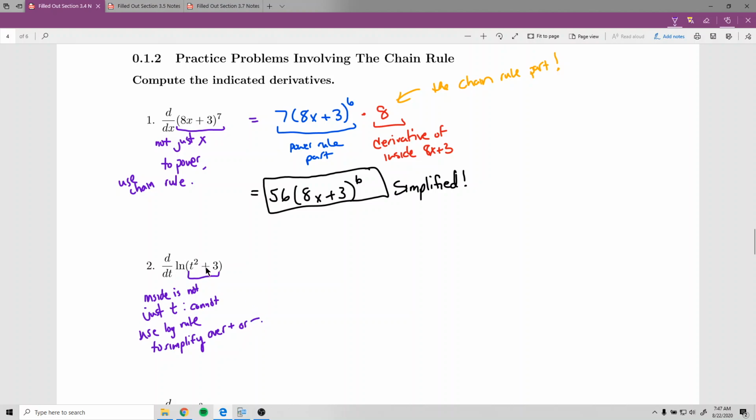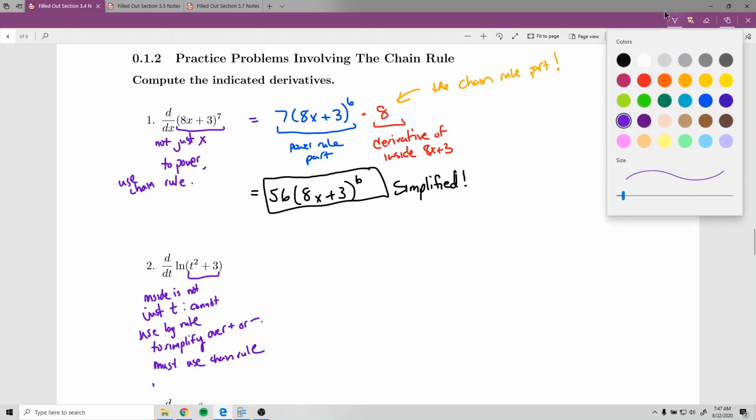So anytime you have a plus or a minus inside a log and you need to do the derivative, you're not going to be able to break it apart. So this one, once again, we must use the chain rule. If we want to realistically do it.